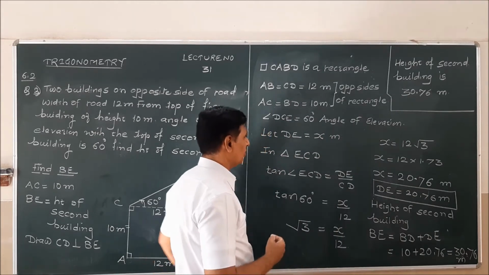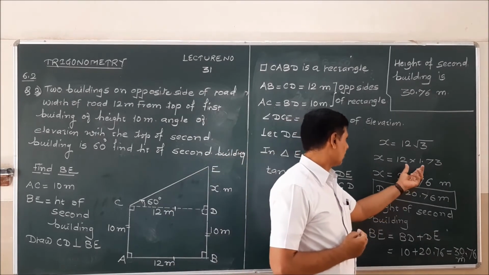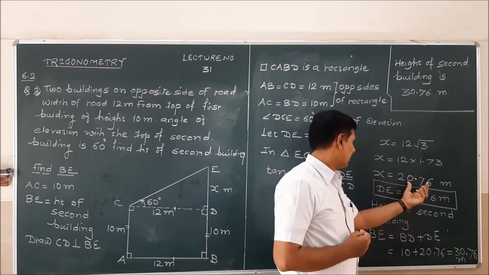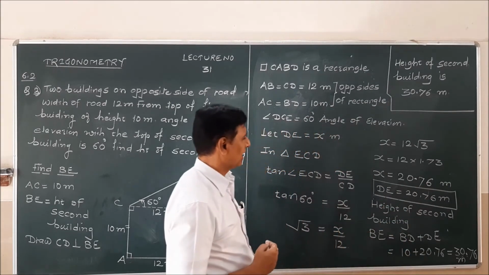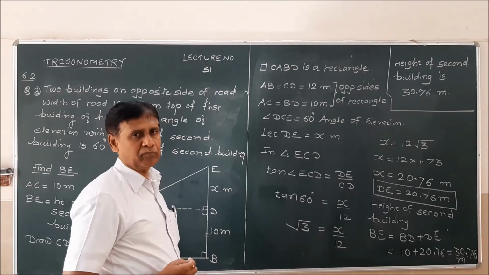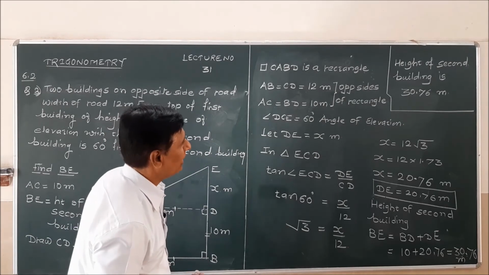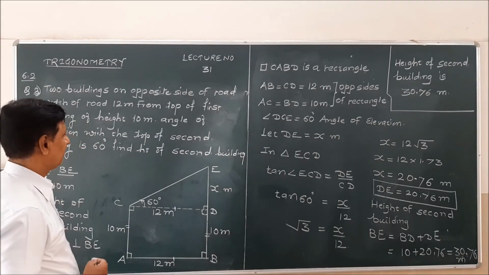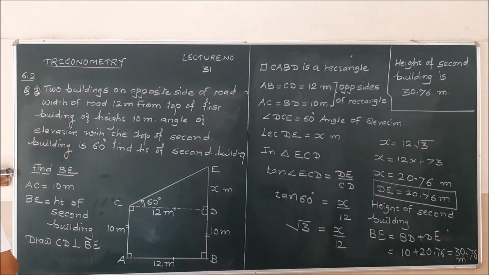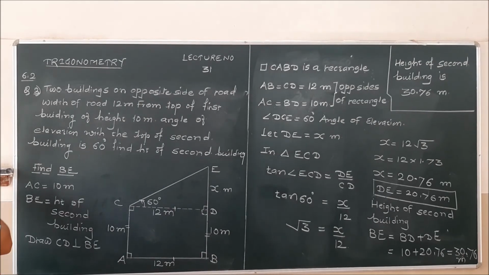So this is how you will notice. Here we got 20.76, that is DE, and simply we have to add 10 to that, so it is 30.76. So height of the second building is 30.76. So here we finish question number 3. Now question number 4.